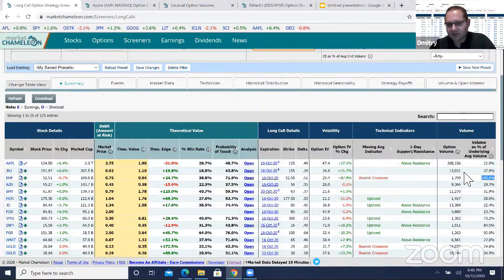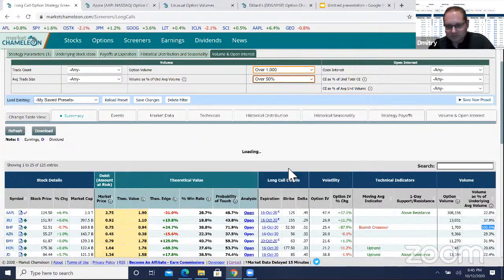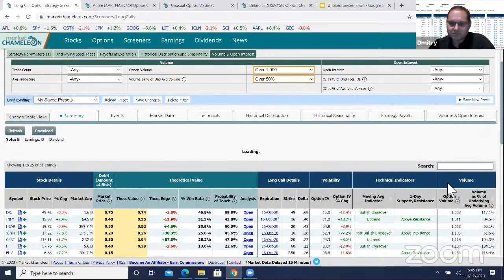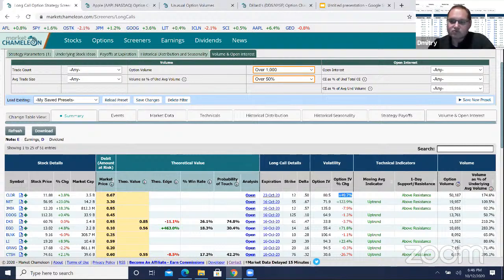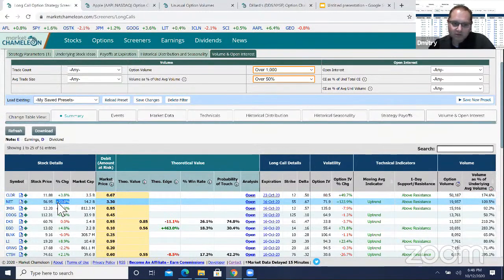So we could sort this. Actually, let's go higher. Let's go over 50%. So this is over 50%, and I'm going to sort by option volume. So we could see here, 50,000 contracts in CLDR, up 3.8%, October 23rd expiration, the 12 call. We see the implied volatility was up 50%, most likely more buyers than sellers, and that represents 174% of the average daily option volume. NET is up 23% today.